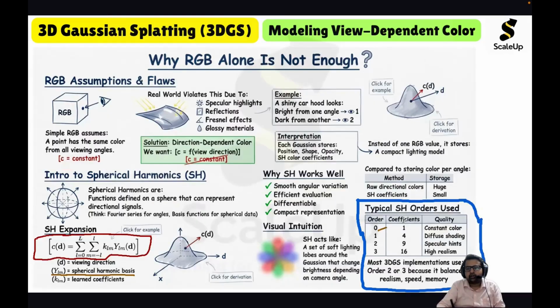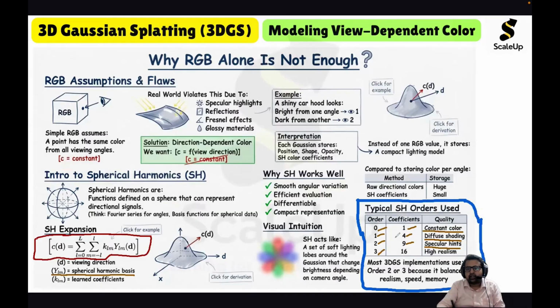If the degree is 1, we have four coefficients that decide the color, so we get diffuse shading. If the degree is 2, we have 9 coefficients, so the color will be more realistic, with specular hints in the quality.